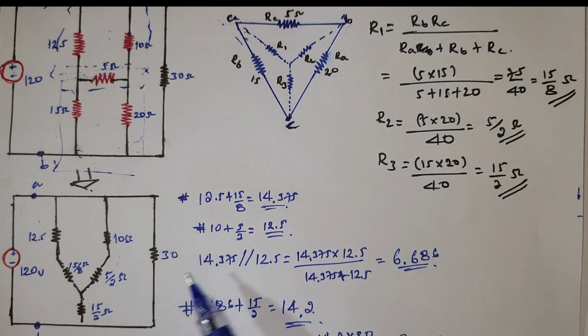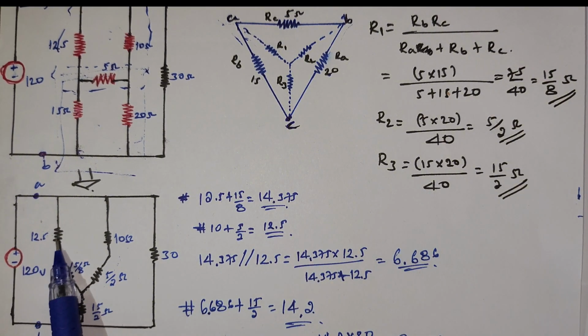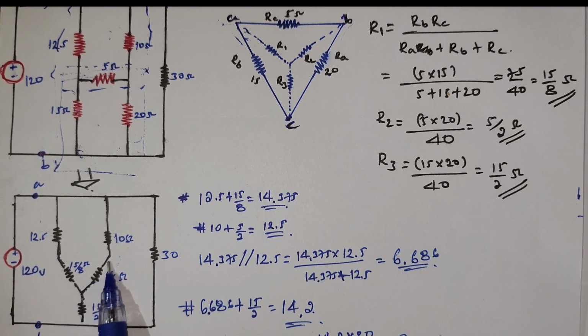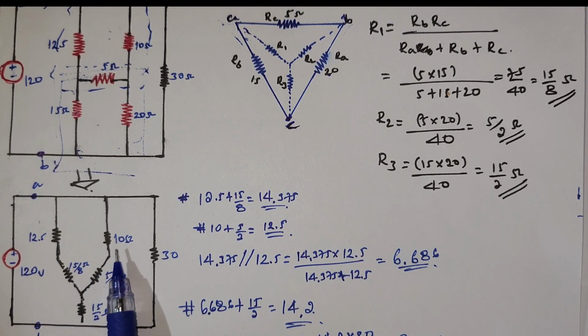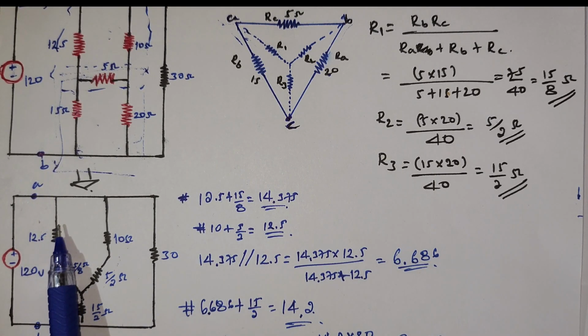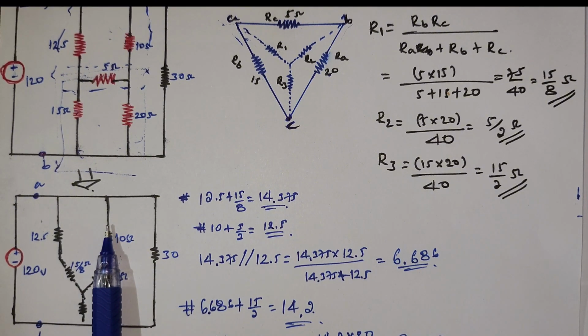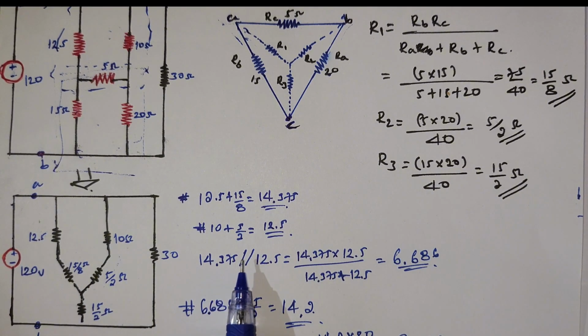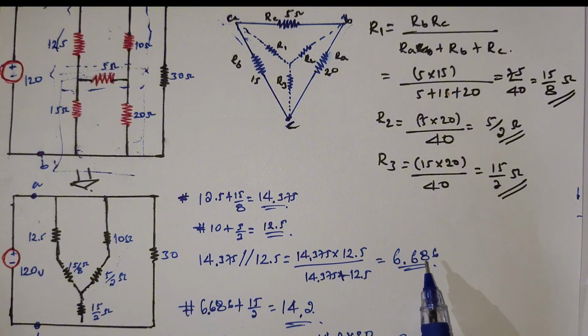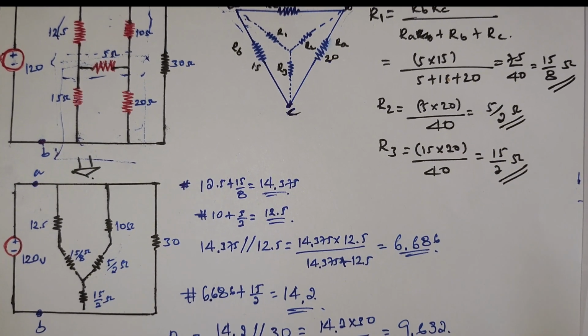So the sum of these two and the sum of these two are branches in parallel. We calculate the parallel resistance, which is 6.686.